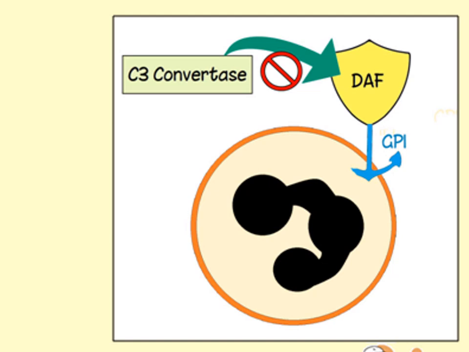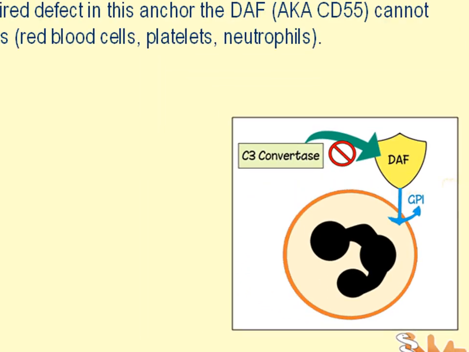I'm showing DAF as a shield in this diagram to show you the defense mechanism that DAF plays in defending the bone marrow derivative cells, and I'm showing in this diagram a neutrophil against the damages that activated complements. For instance, I'm showing the C3 convertase in this diagram for you.